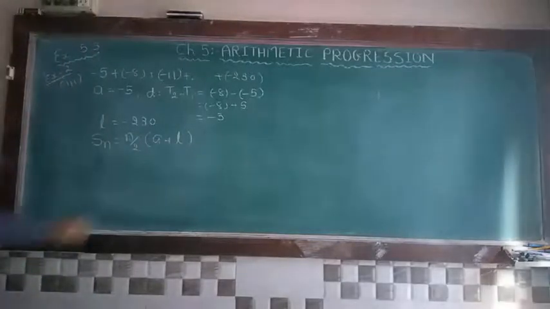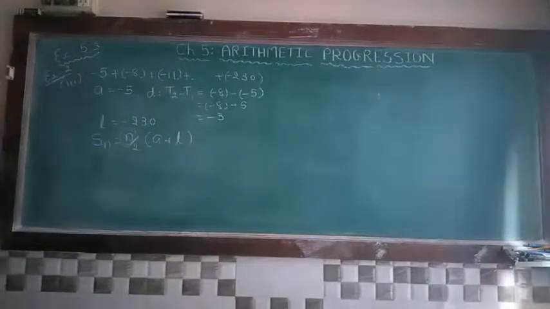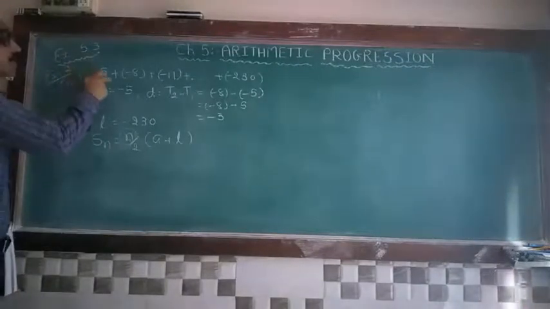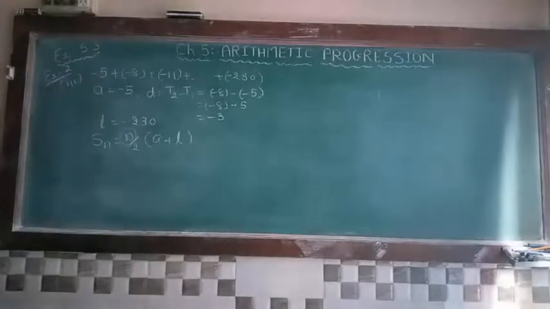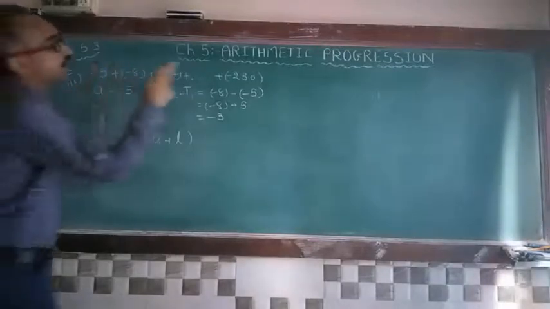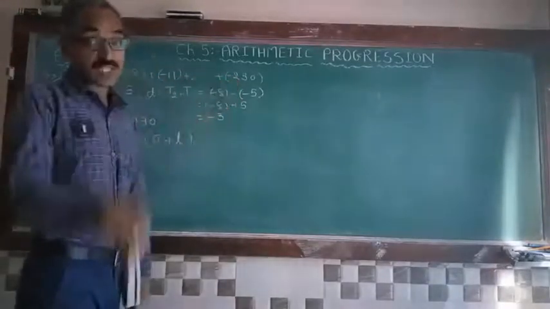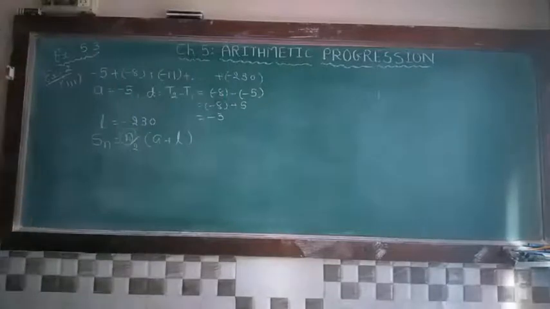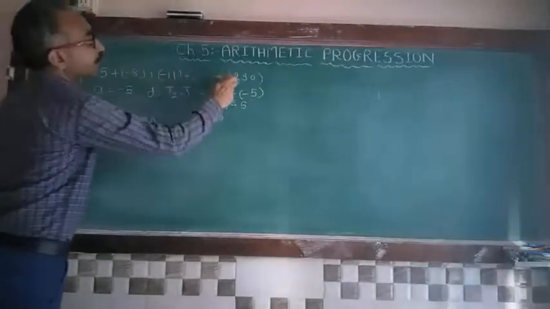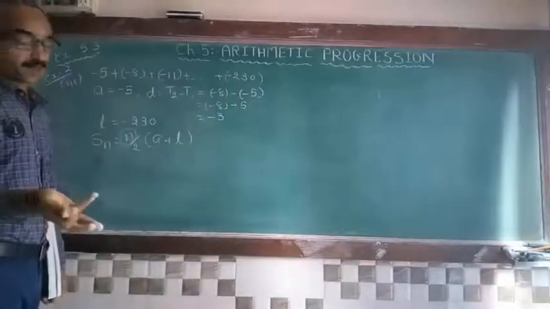But here you don't know how many terms are there in the given AP. That means you have to find that -230 is which number of term in the given AP.